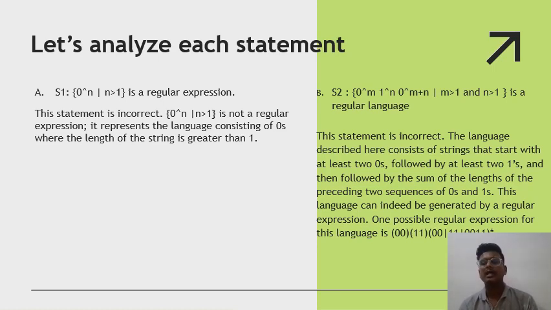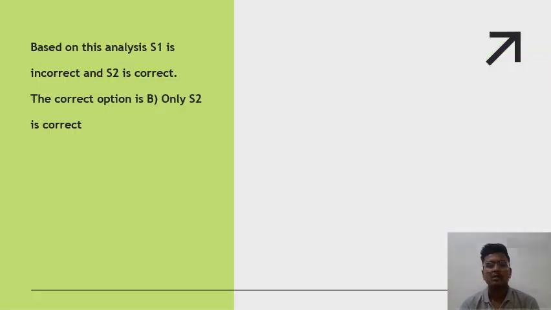The language described here consists of strings that start with at least two zeros followed by at least two ones, and followed by the sum of the lengths of the preceding two sequences of zeros and ones. So based on the analysis, S1 is incorrect and S2 is correct. The correct option would be B, only S2 is correct.